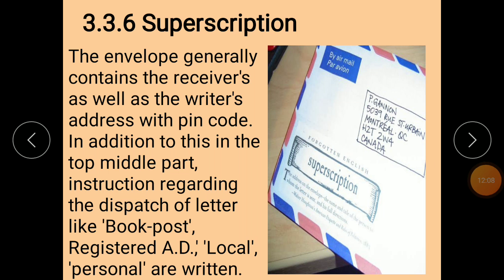Last one, superscription. The envelope generally contains the receiver's as well as the writer's address with PIN code. In addition to this, in the top middle part, instructions regarding the dispatch of the letter like book post, register, ID, local, personal are written.